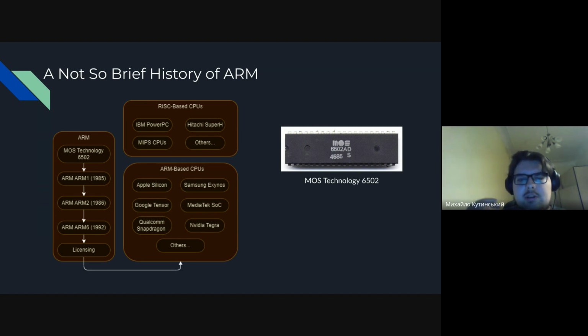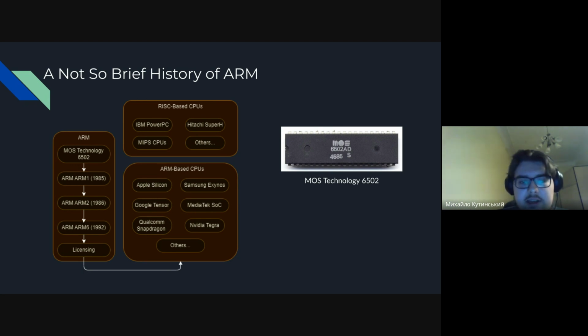The manufacturers shown in the RISC-based CPU category almost exclusively made CPUs and SoCs for gaming consoles. IBM PowerPC was used in Nintendo GameCube, Wii, Wii U, PlayStation 3, Xbox 360, and others.